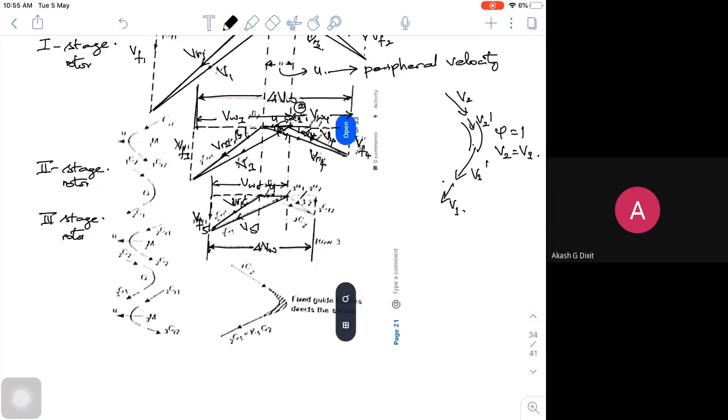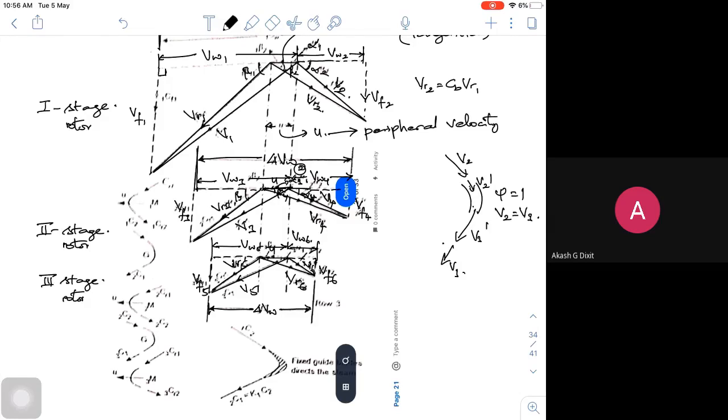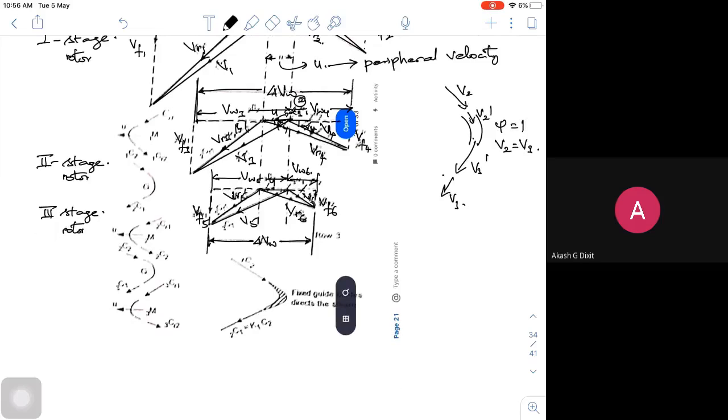Similarly I can draw the velocity triangle like this. So this will be VR6, this will be V6, VF6, and your VW6. Now look at this particular thing. The velocity triangles have to be drawn on the same graph sheet with a common base. That particular common base is your U.